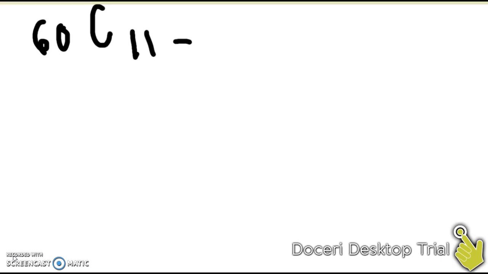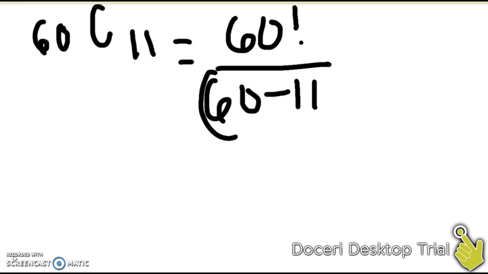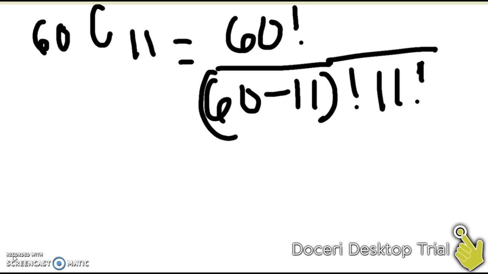So we will have 60 factorial over 60 minus 11 factorial over 11 factorial. Okay, so when I did this one, of course I don't want to say 60 times 59 times 58 times 57 all the way to 49.